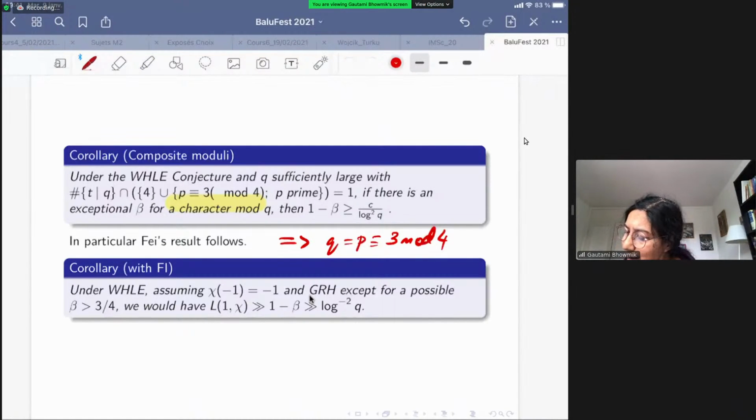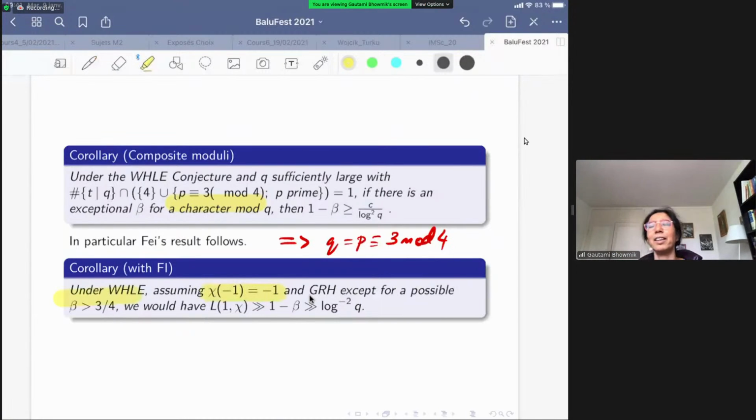From this result, again, these are conditional results, as I said. So if we assume the weak Hardy-Littlewood conjecture, if we assume an exception, so many assumptions are there. You use the weakened form of the Hardy-Littlewood conjecture, and you use chi minus 1 is minus 1.